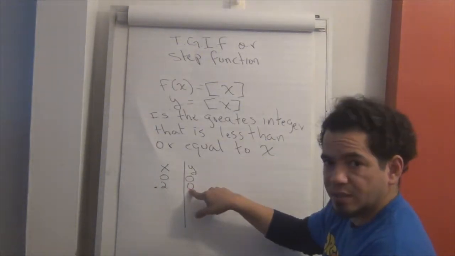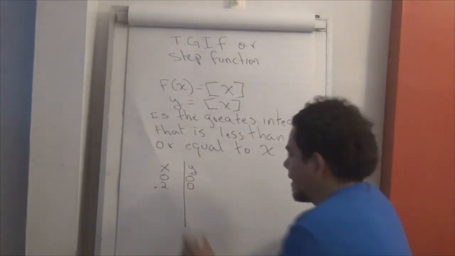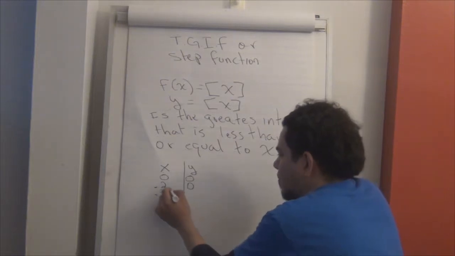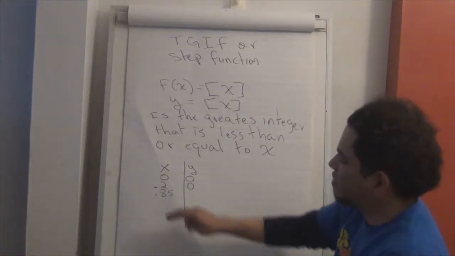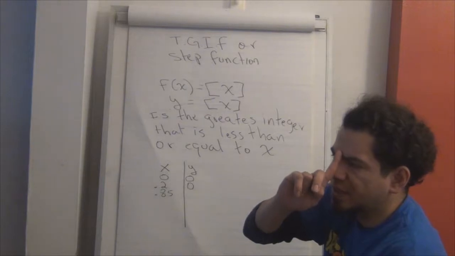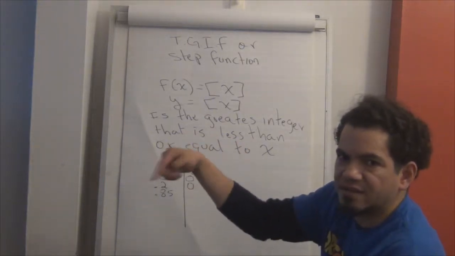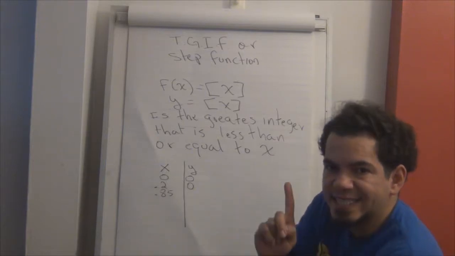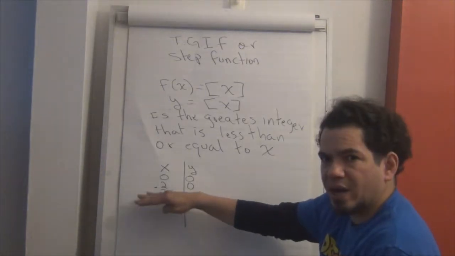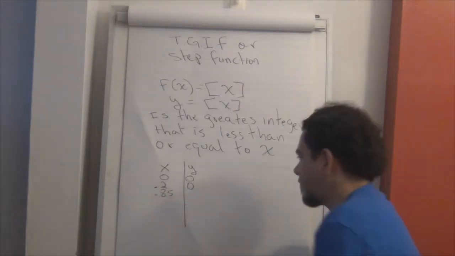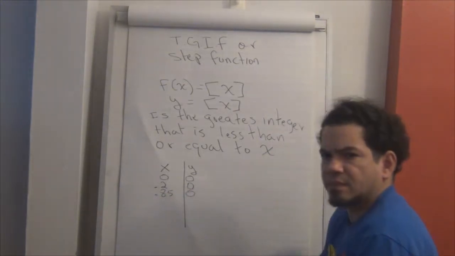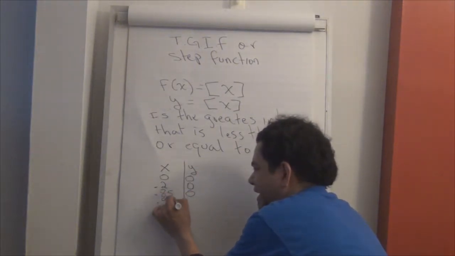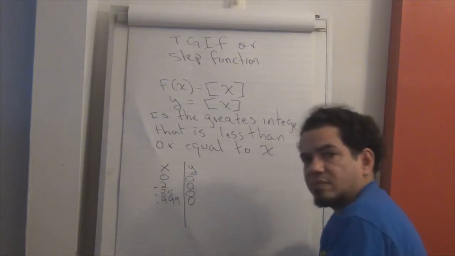Let's say x is 0.8 or 0.85. What is the greatest integer? Well, listen to me. We're not rounding here. This is not a rounding exercise. It says the largest integer that is less than. So here, what is the largest integer that is less than 0.85? 0. Wow. When x is 0.9999999, y is still 0.